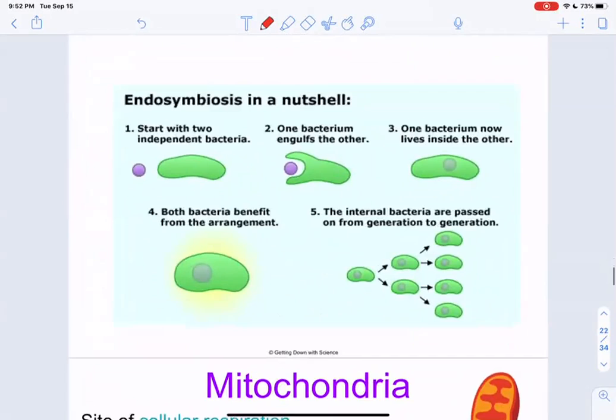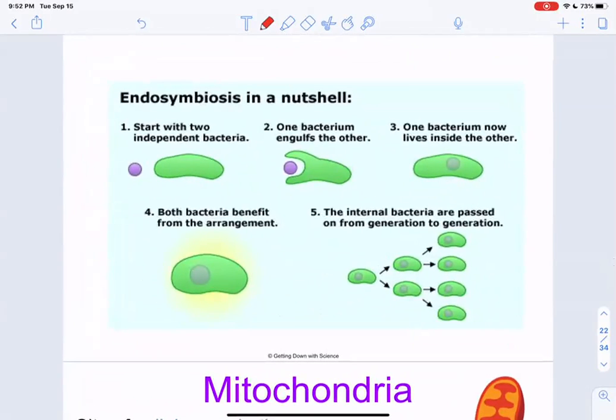So here's the endosymbiotic theory in a nutshell. We had two independent bacteria. You could say this one had the mitochondria. Eventually it was engulfed, eaten and put into the tummy of the big guy. Eventually they were like, whoa, this is working out.